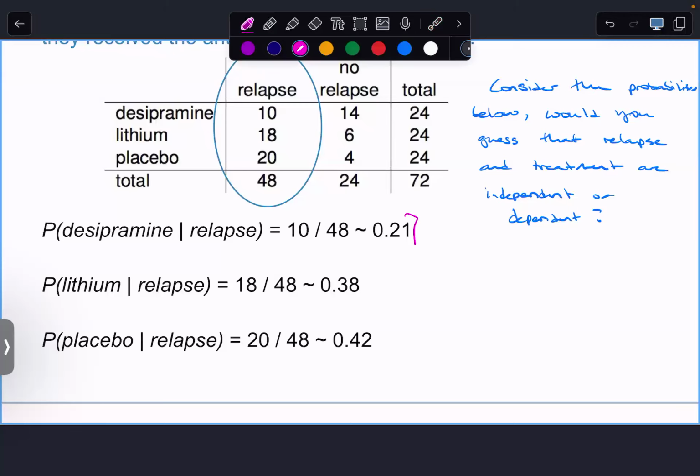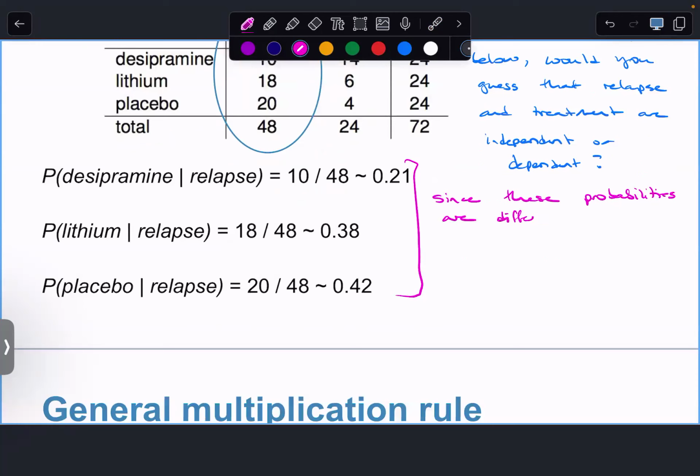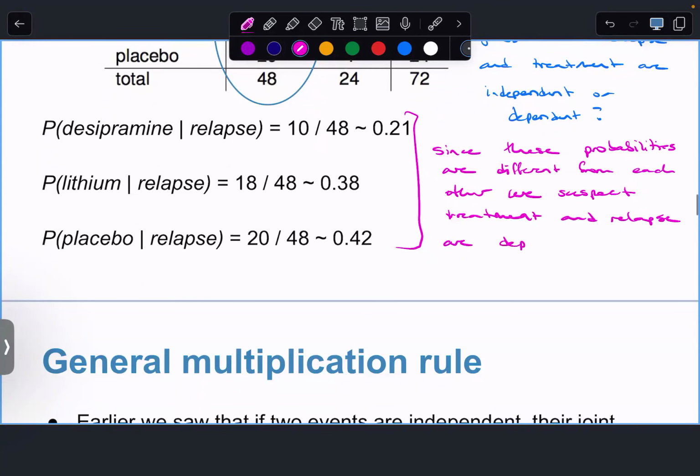So here, since these probabilities are different from each other, relatively different, kind of a spread, we suspect treatment and relapse are dependent events.